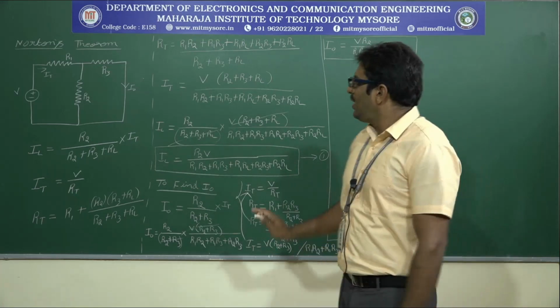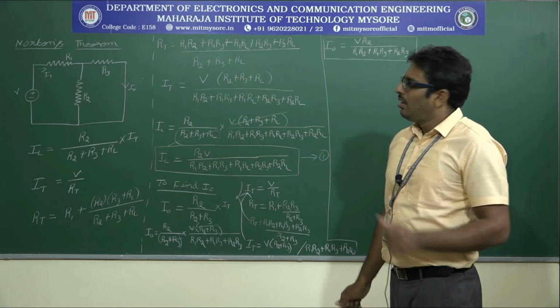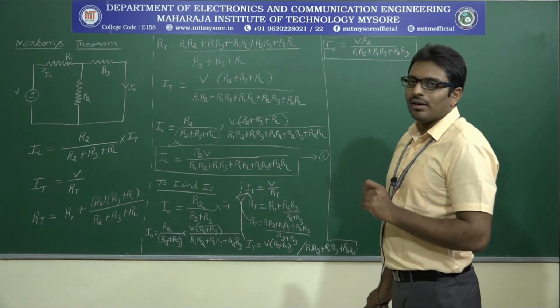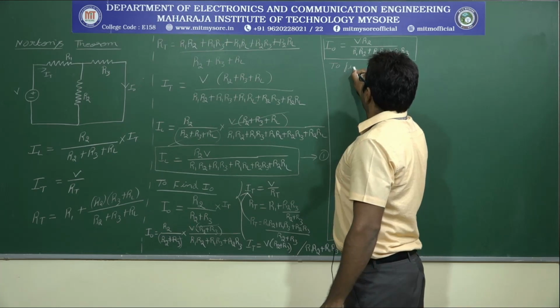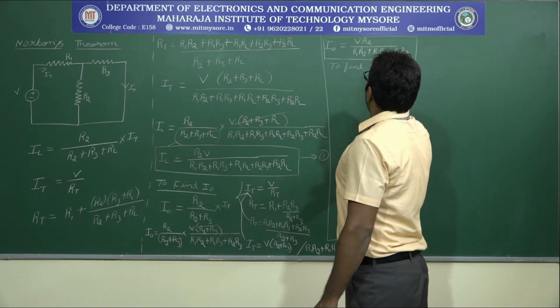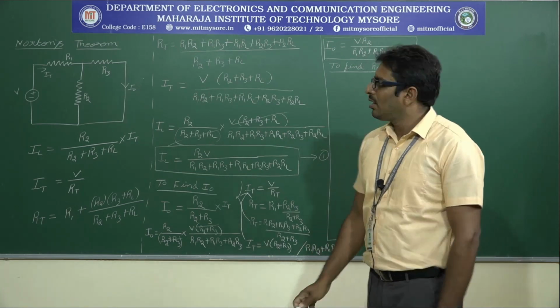After finding I naught, just like Thevenin's theorem, we need to calculate R naught. What is the procedure to find R naught?